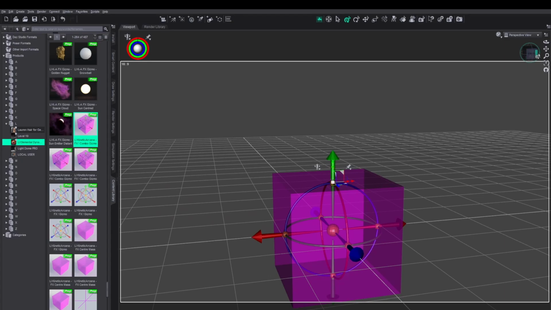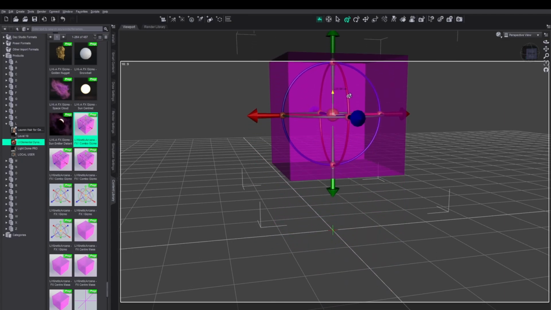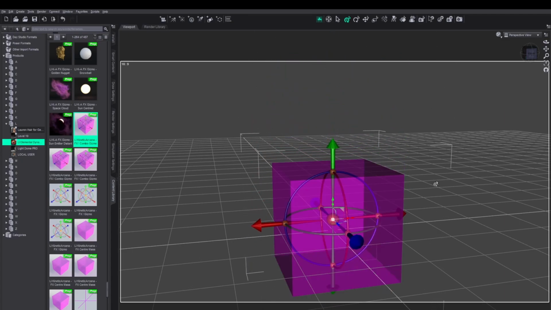Yeah, no idea what just happened there. Looks like my asteroid's gone. Oh, there it is. Super dinky tiny.